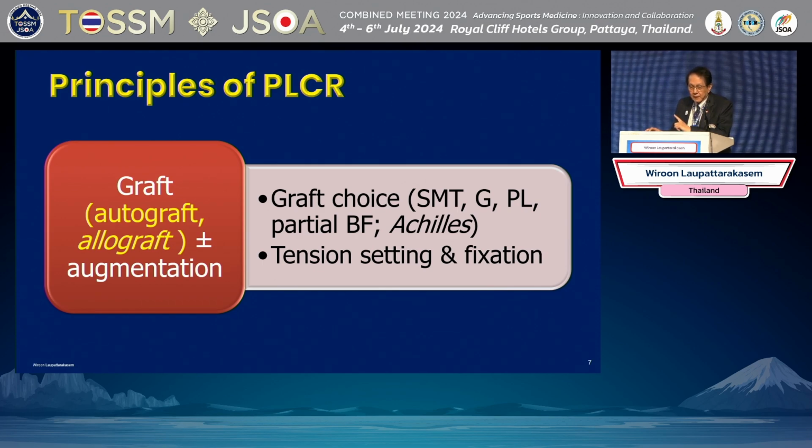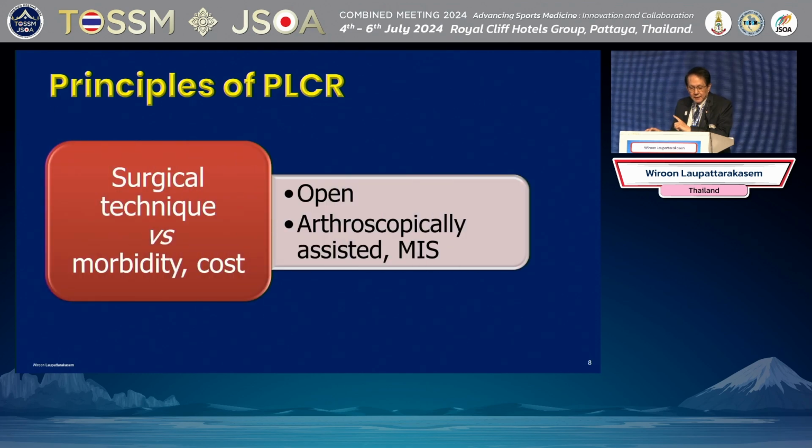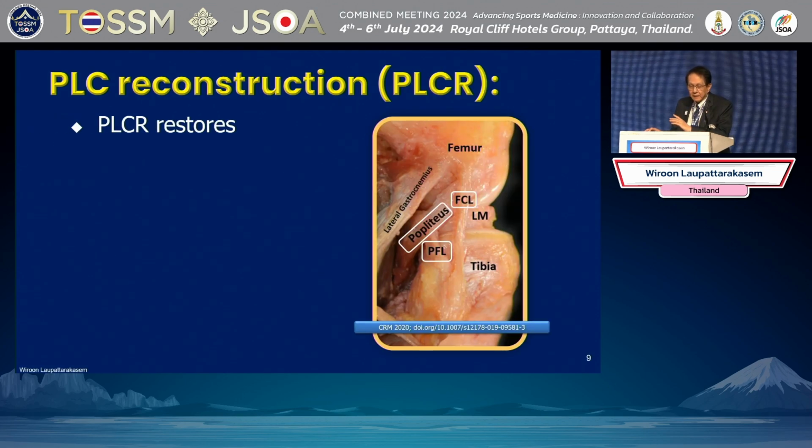One of the most important things is to have proper tension of the graft and proper fixation. The surgical technique can be open, arthroscopy assisted, or MIS. These are details that we can all find in the textbooks and literature.